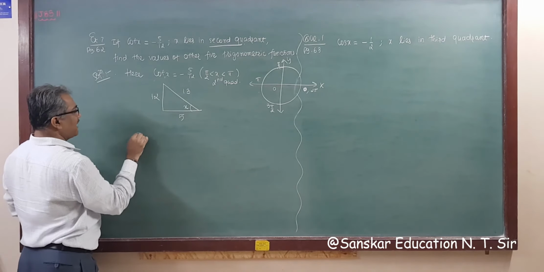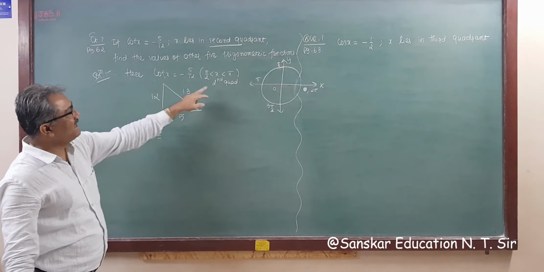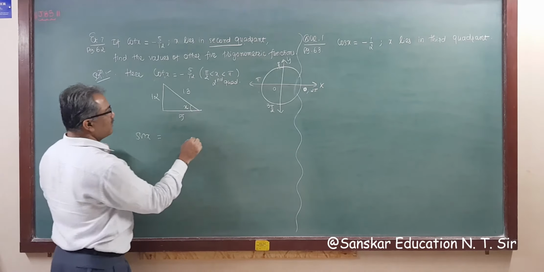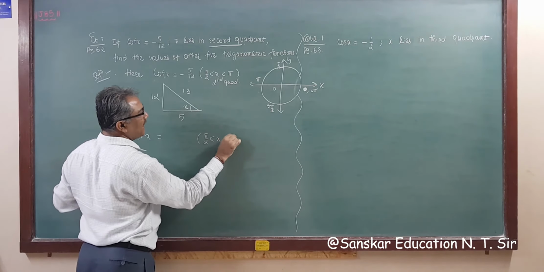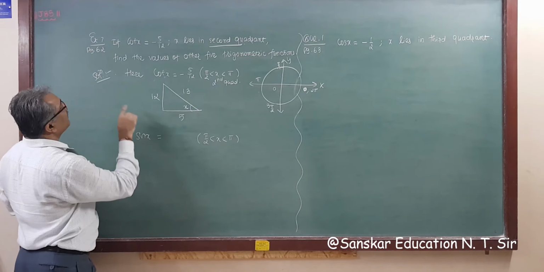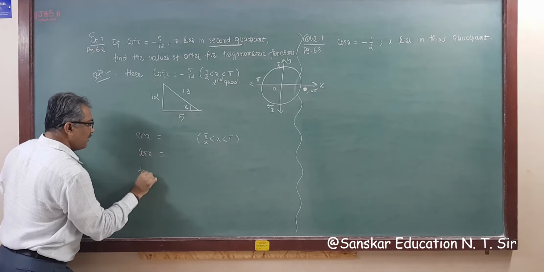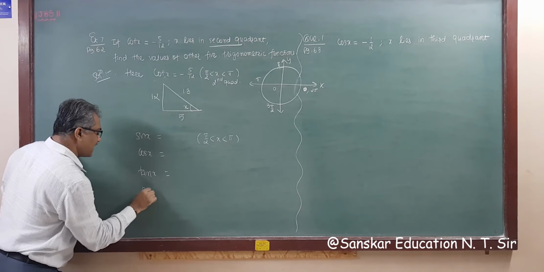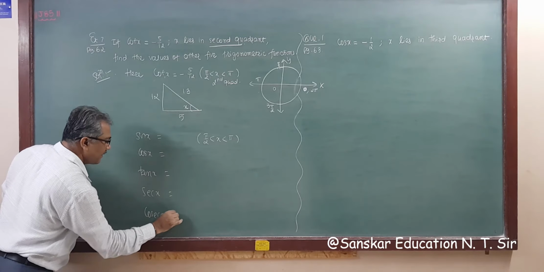So now sin x is equal to, now in the second quadrant, pi by 2 less than x less than pi, we have sin, then cos, tan, cot x is given, so sec x and then cosec x, right?